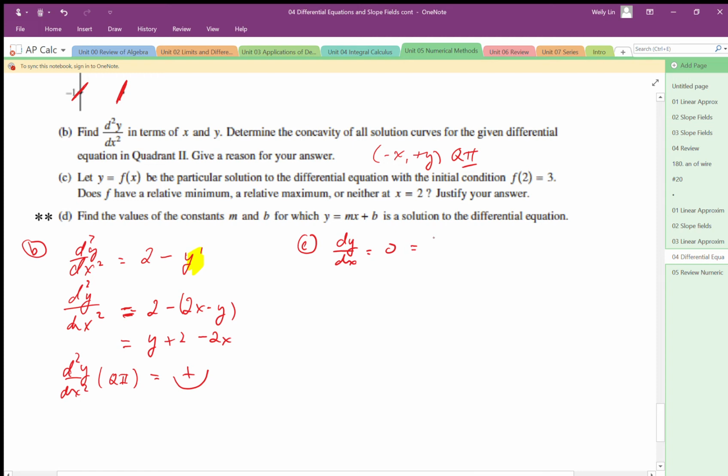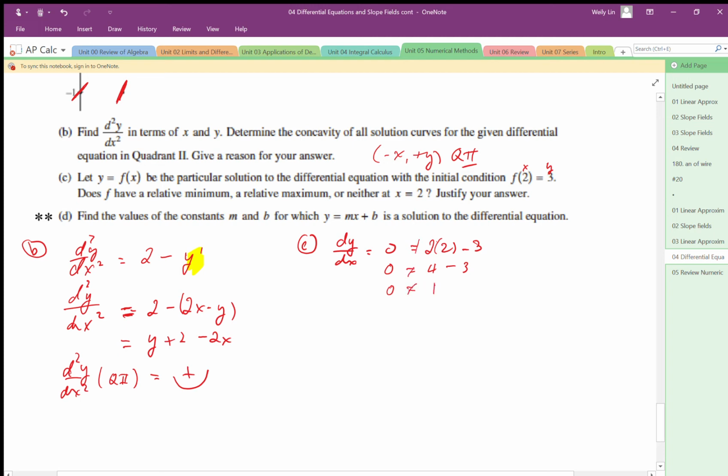So if I plug in, it's going to be 2 times x minus y, using my x and y coordinate from the initial condition. When I do that, it's not going to be equal to 0. At x equals 2, my derivative is equal to 1.